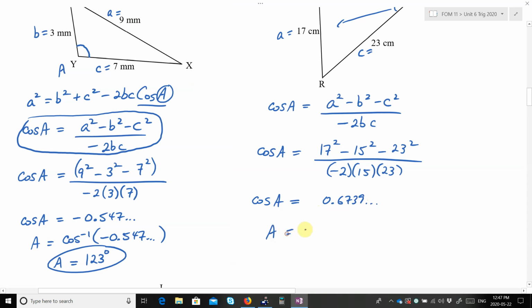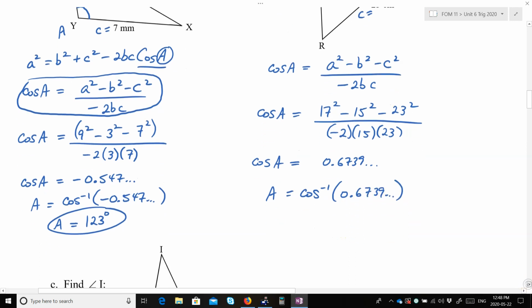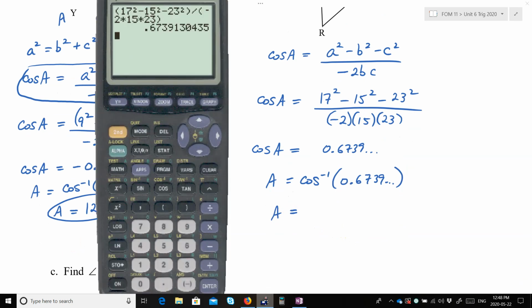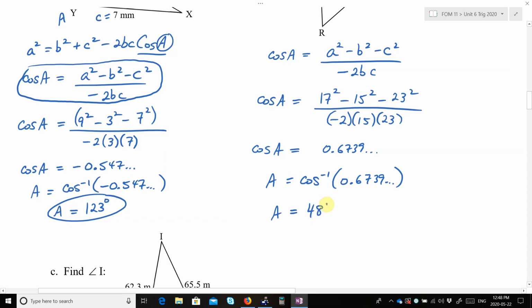So A is equal to cos inverse of 0.6739. And so A is equal to, we go second function cos, second function minus sign to put answer in there, 48 degrees. Okay, and the answer key is right with that.